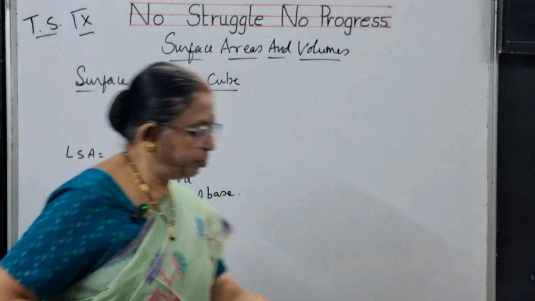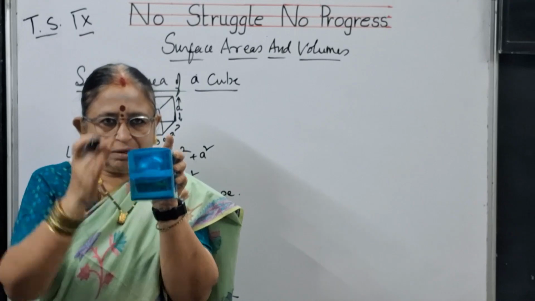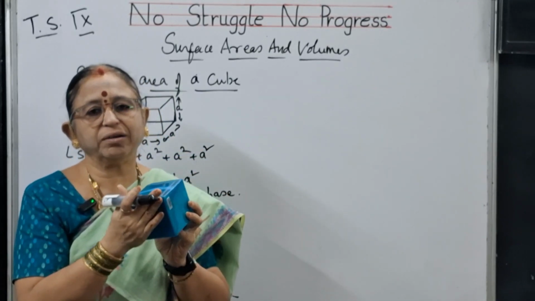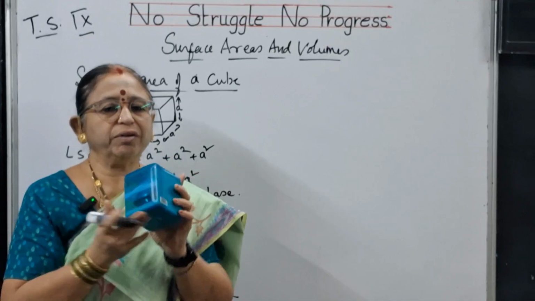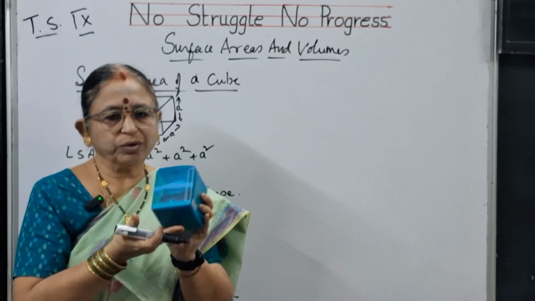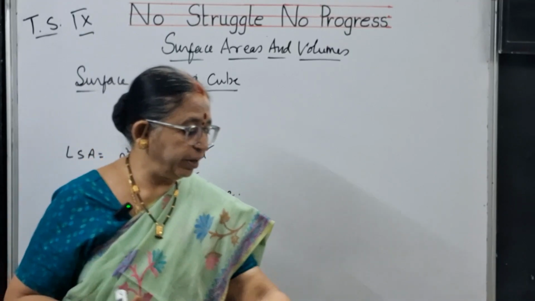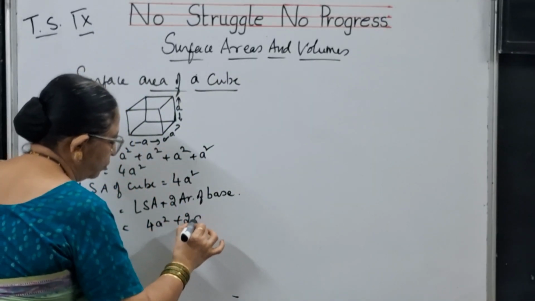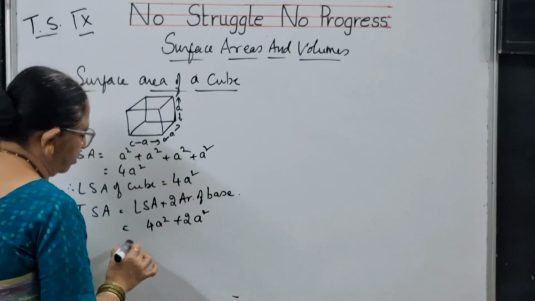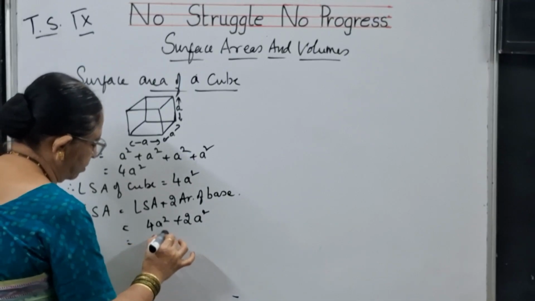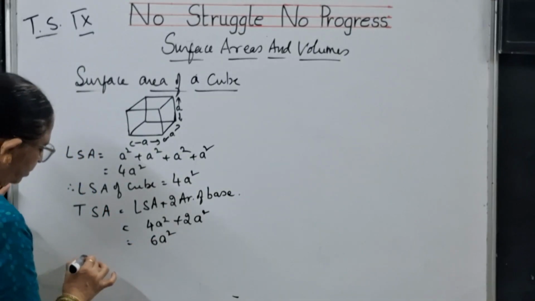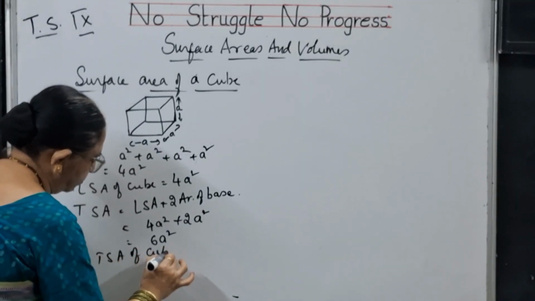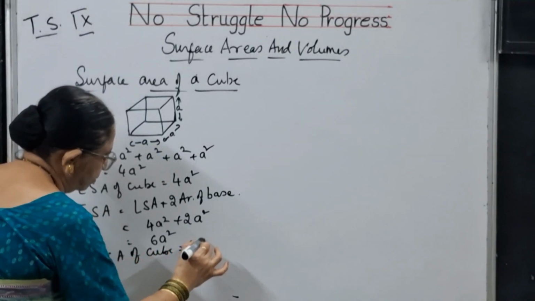The base and the top are also squares with the same length, breadth and height. So A square plus A square, that means 2A square. 4A square plus 2A square is 6A square. Therefore, TSA of cube is equal to 6A square.